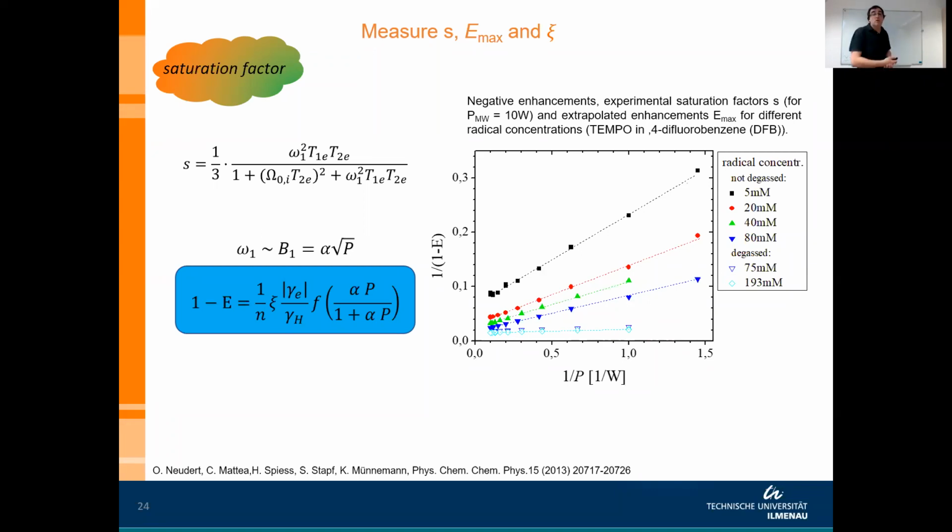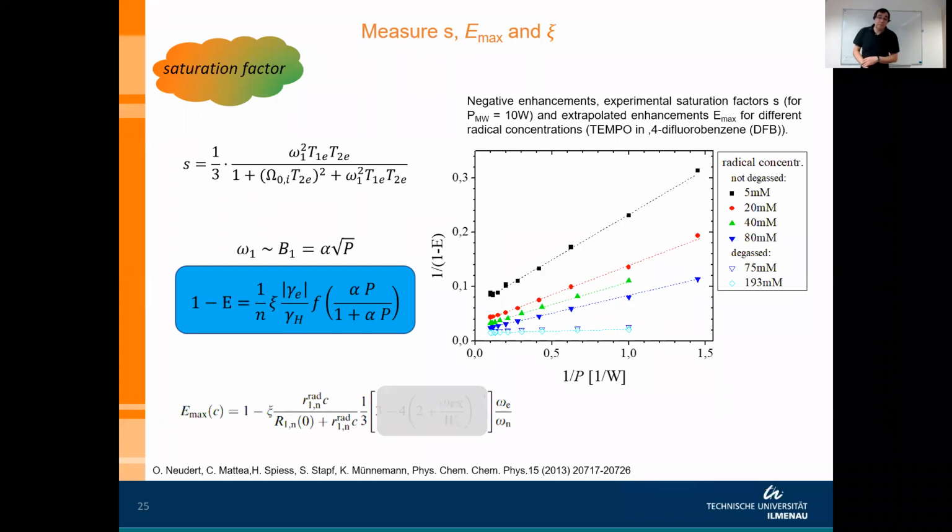You can see this in the blue equation. This extrapolation is used basically to find out the maximum enhancement, and like this, you are able to find the coupling factor. Because at the end, the leakage factor, highlighted here in the circle, we can consider to be 1 if you have very good efficiency in the radical-induced relaxation. And then you can find the coupling factor by doing this measurement.